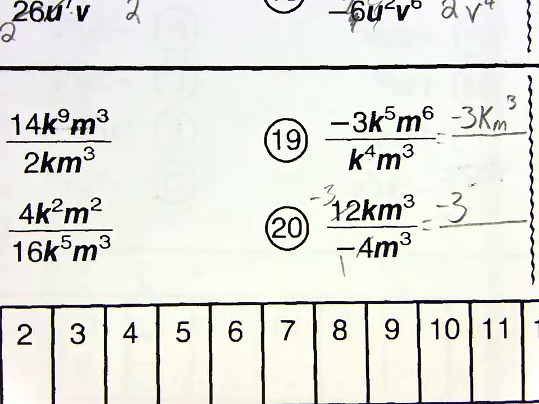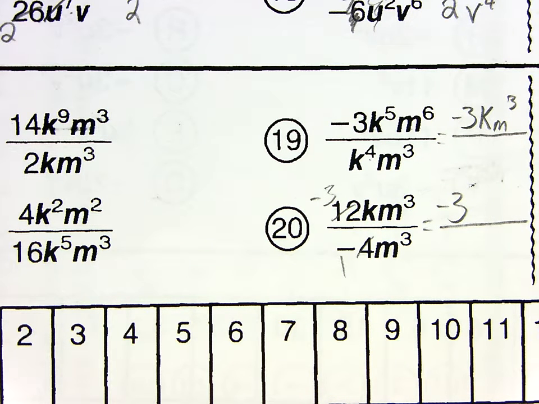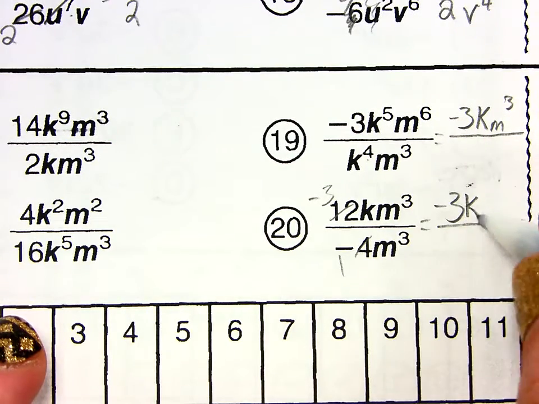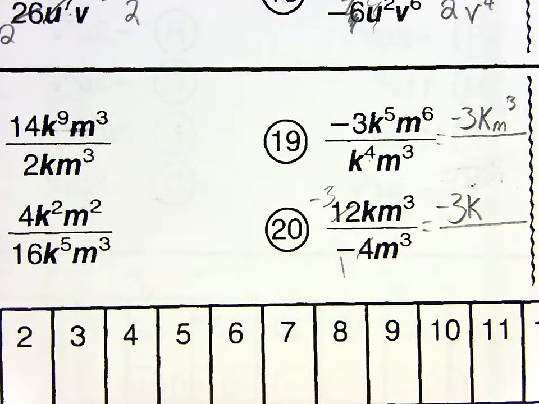All right. What do I do with the K? I think I have an extra one. Haley W., what do I do with that K? Yeah, I just leave it. There's nothing for me to reduce it with, so it just stays.